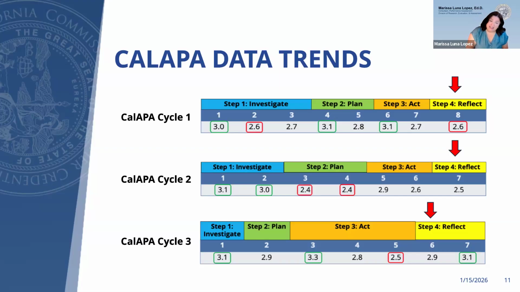I recognize that the 2.4s were in Step 2, Plan, but as far as what we're doing here today, we'll be talking about Step 4, Reflect, which was a 2.5. And then taking a look at Cycle 3, it looks like candidates are scoring pretty well on average here. And we'll be looking at Step 4, Rubric 6 in this space. Or were we looking at Step 5, Act?